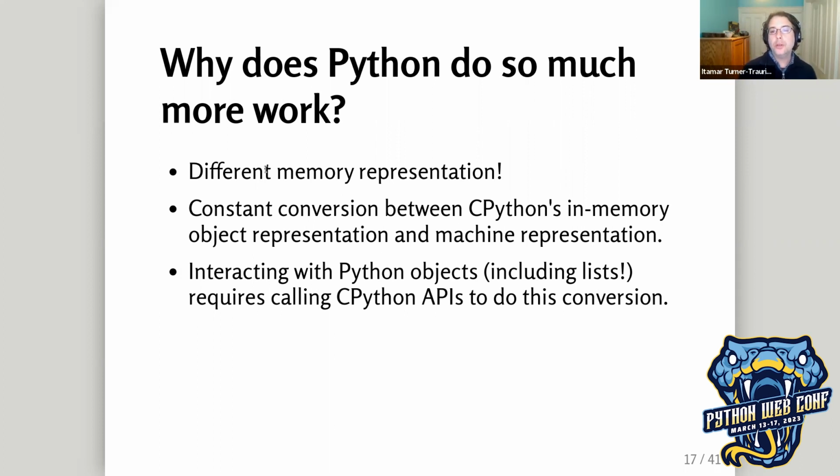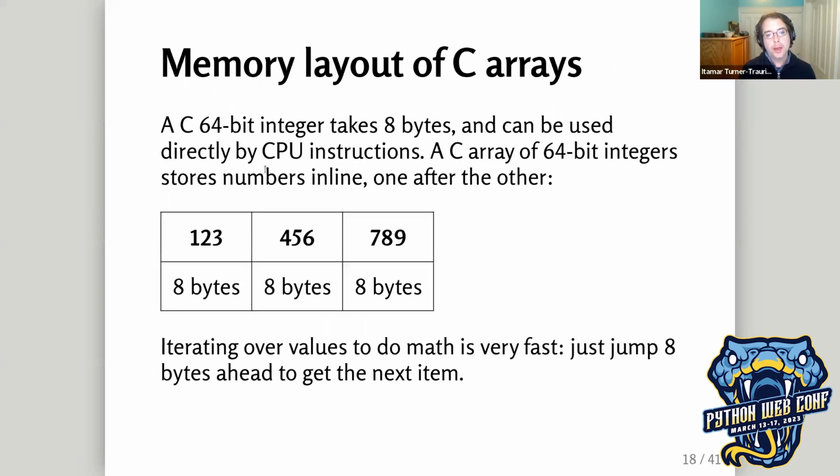And that's nice as a user, but the downside is any interaction with a Python object requires converting from the Python object to something the CPU understands. So if we add two Python integers, we have to convert them to two integers that the CPU understands. We add them, then we have to convert them back into a Python object. And every time you're doing this, you're talking to the CPython APIs, which are written in C, but it's a whole bunch of overhead of interacting over and over and over again.